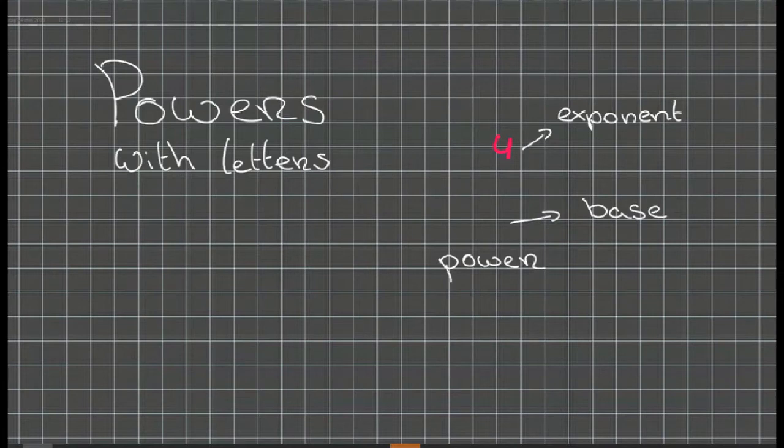It's just that we don't know what kind of numbers these letters represent. So I'm just gonna write down a random letter here, and we're gonna talk about the powers with letters as a base instead of an actual number. The exponent will be a number.